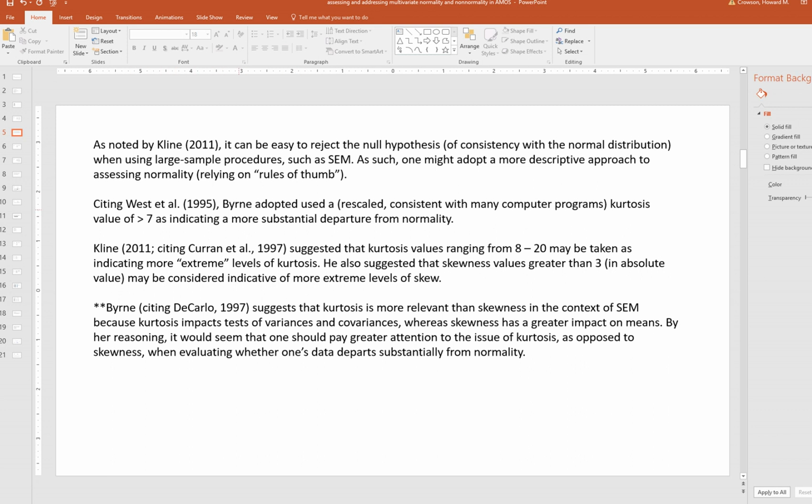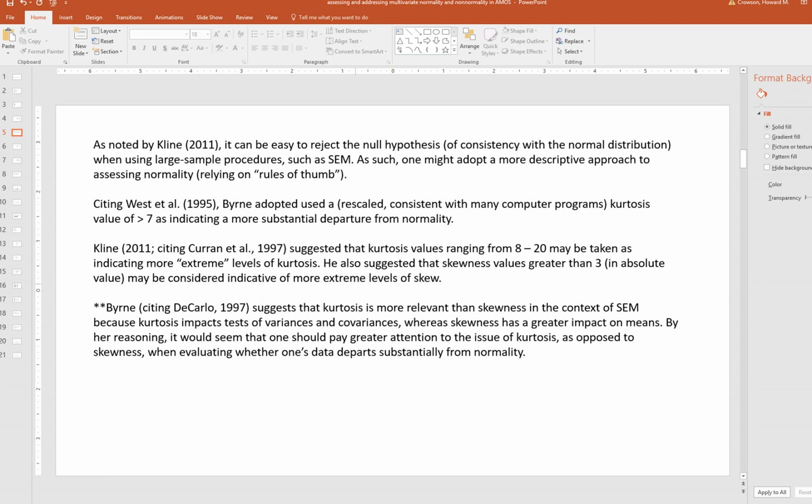For Kline, he cited Curran et al. and suggested that kurtosis values of 8 or above would be indicative of more substantial levels of kurtosis, which can be problematic. He also suggested that skewness values greater than 3 in absolute value may be indicative of more extreme levels of skew. Although, for skewness, I've seen various rules of thumb where between -1 and +1 would be consistent with normality.